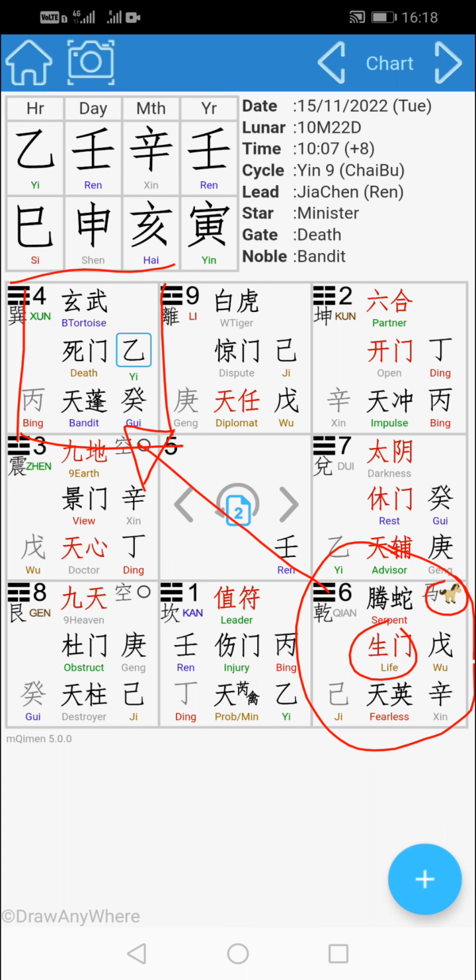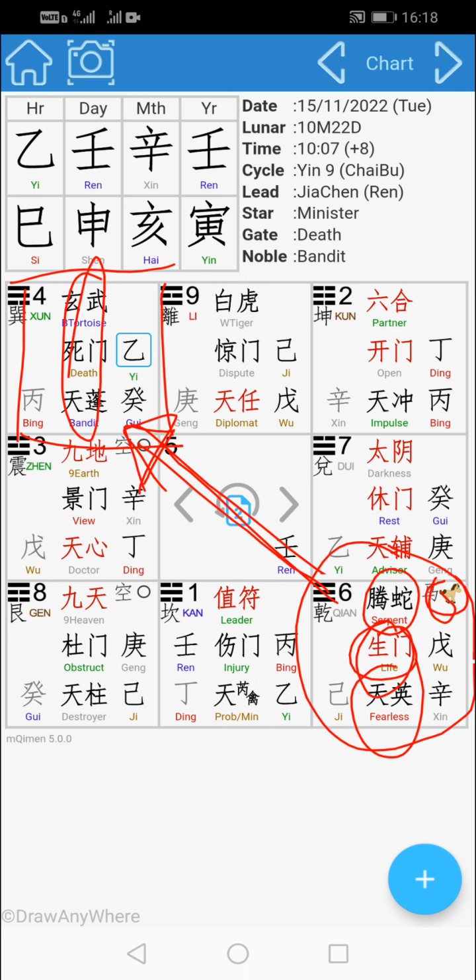So if, let's say, we want to do a divination for the profitability of a company, based on the life door, it's already telling us that there's a serpent and there's a fearless, which usually we don't go for in divination. And with the horse, it goes directly opposite, and it also tells us the death door, bandit, and then the black tortoise.